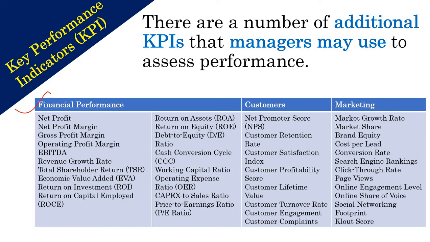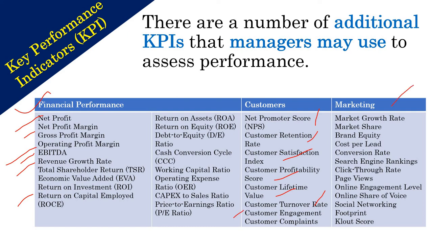These are the metrics. For KPIs, the financial performance includes net profit, net margin, gross profit margin, operating profit margin, EBITDA, and revenue growth rate. For customers, there is the net promoter score, customer retention rate, customer satisfaction, profitability per customer, customer lifetime value, and customer turnover rate.